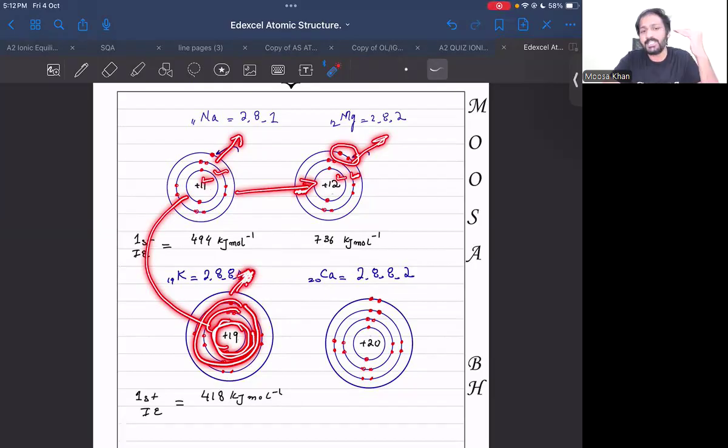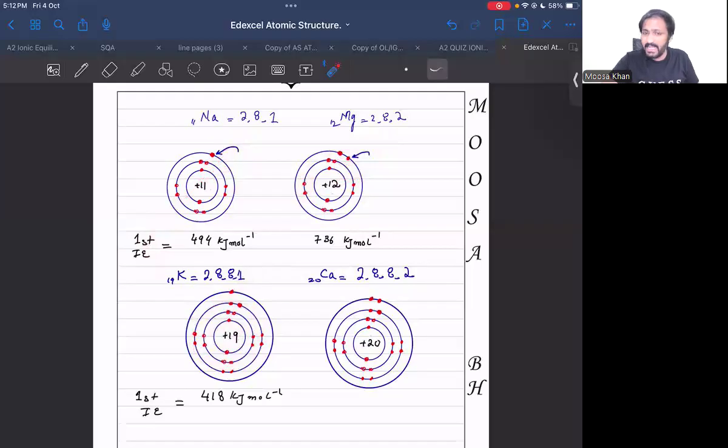Nuclear charge increases, trying to increase the ionization energy, but shielding effect also increases, trying to decrease the values of first ionization energy. Both of these factors are fighting with each other. And always remember, shielding always wins. Shielding's effect is always more significant as compared to the effect of nuclear charge.